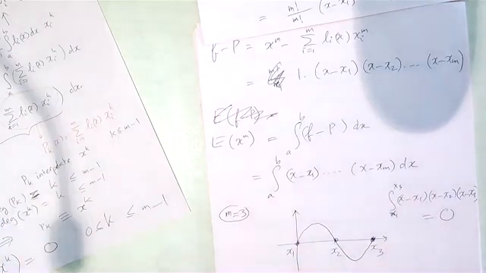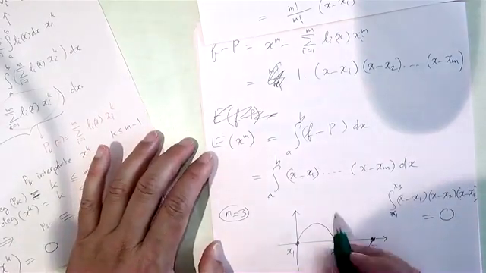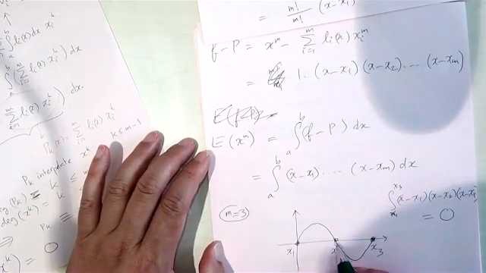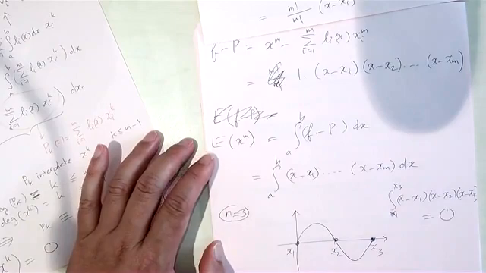So in general, you can do a transformation to make this an odd function around the midpoint.